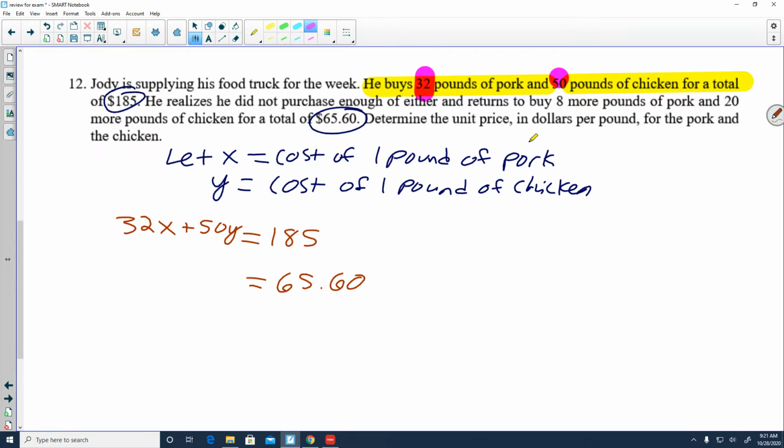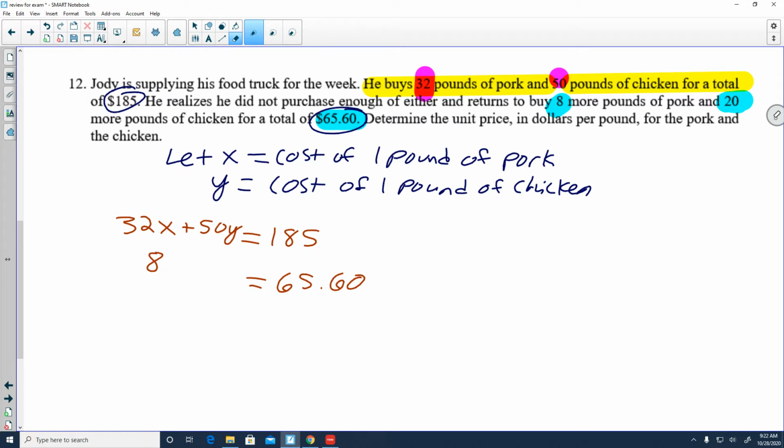Now, he goes back, he buys 8 pounds of pork and 20 pounds of chicken for this total. So 8 pounds of pork, to represent the amount of money he spends on that, we're going to write 8x.